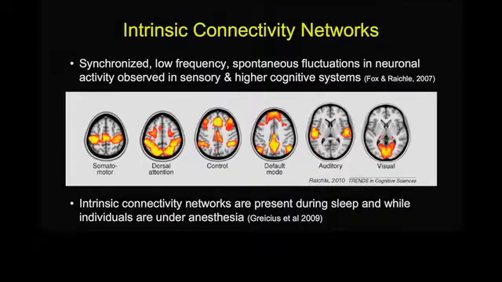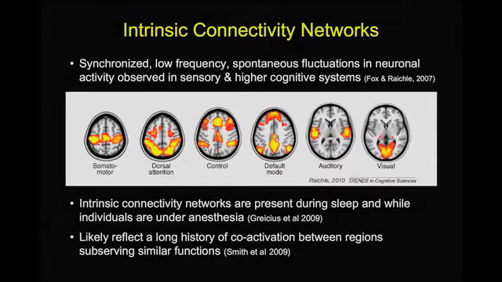So these intrinsic connectivity networks are found whether a person is asleep or even when they're under anesthesia. This is beautiful because you can now apply this strategy to study the brain of even lower functioning children that may not have been able to perform any task while they were being scanned, or also in babies.